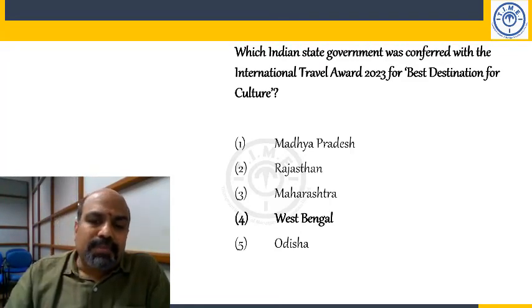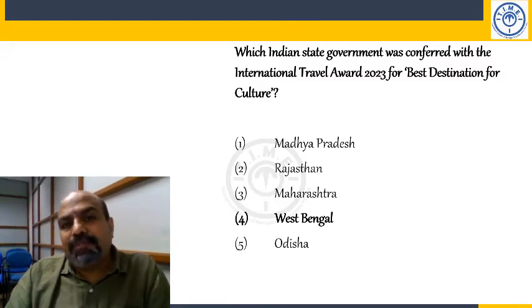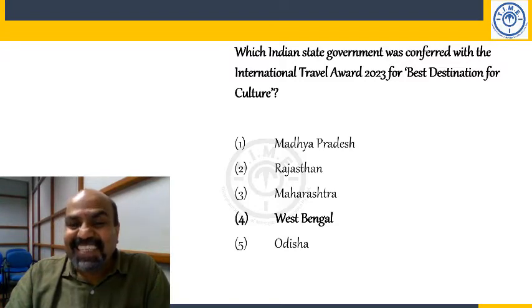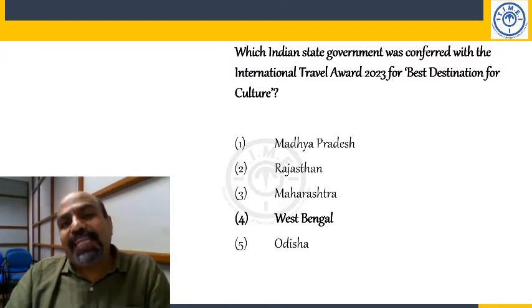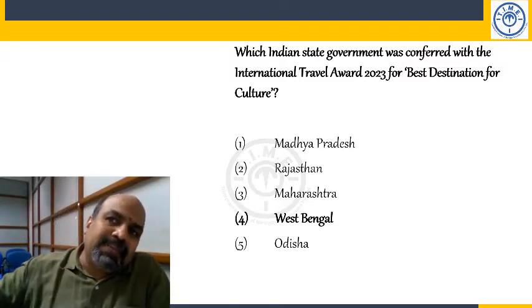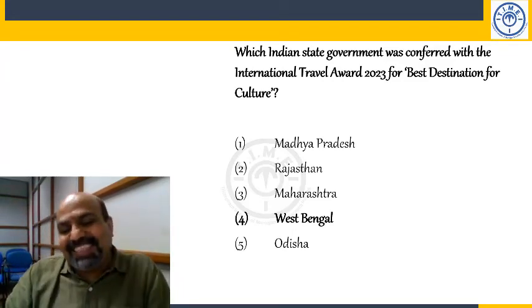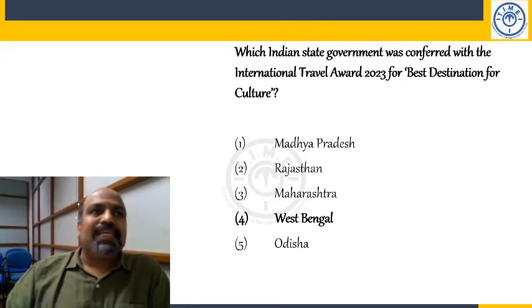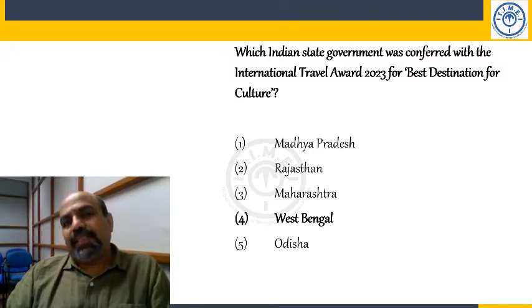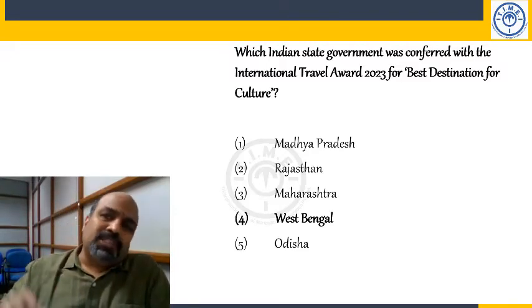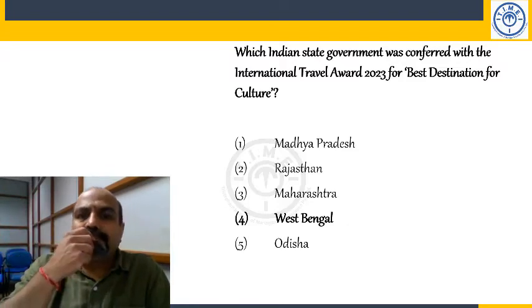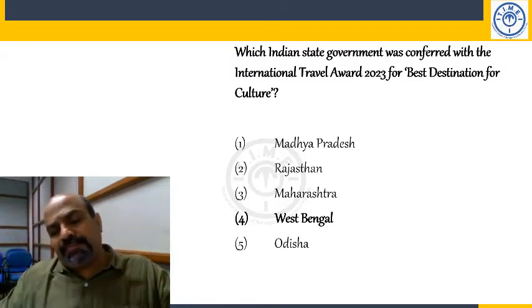It promotes tourism with this tagline, "The sweetest part of India." Nice, actually. It invites you to come to the sweetest part of India, West Bengal. What is the Indian government's tourism tagline? Incredible India. It's called a tagline or punchline.